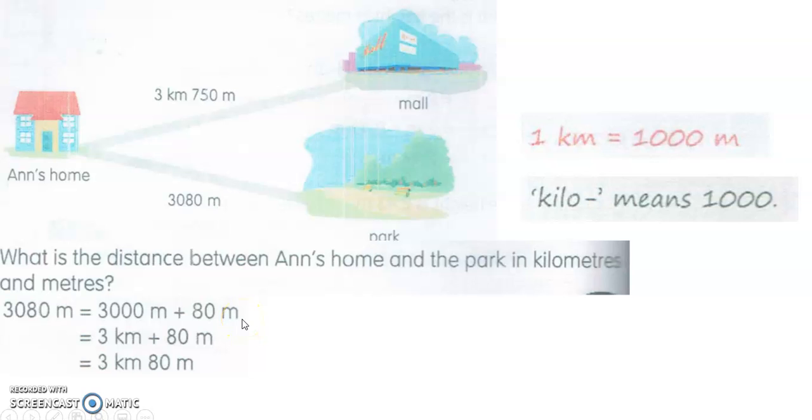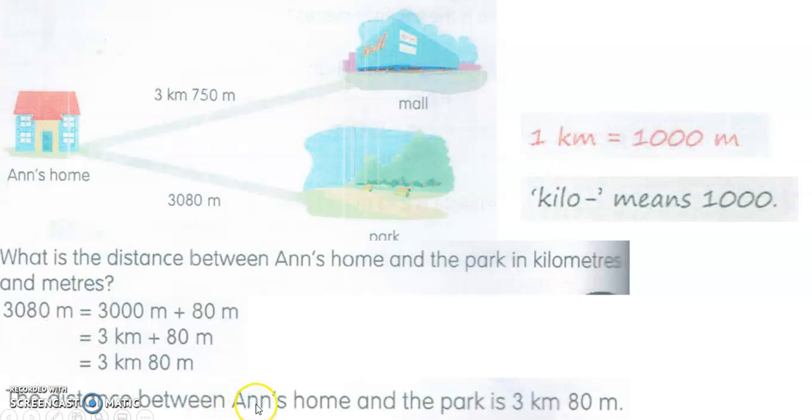I'm asked here to find the distance in kilometers and meters. I have now reached the kilometers and meters, so I will put 3 kilometers 80 meters. This is the answer. The distance between Ann's home and the park is 3 kilometers 80 meters.